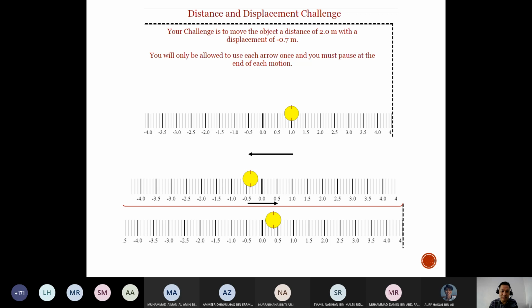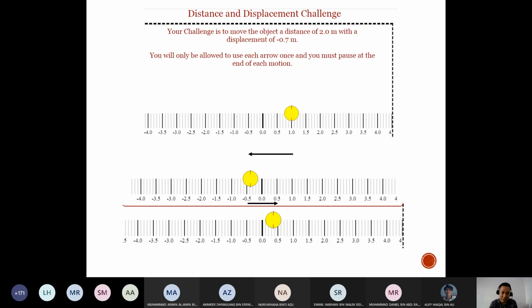You are given the distance and the displacement. For example, in my slide, 2 meter distance and negative 0.7 meter displacement. The rule is you need to move just once, either to the right side or to the left side. The ball has a red dot. After you move to the point that you want, you must pause.